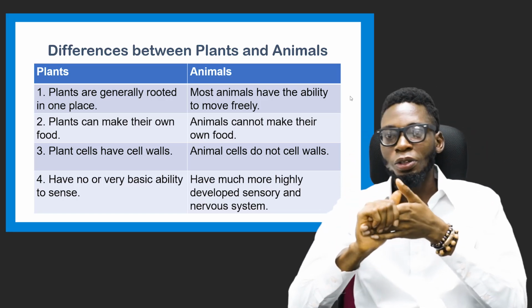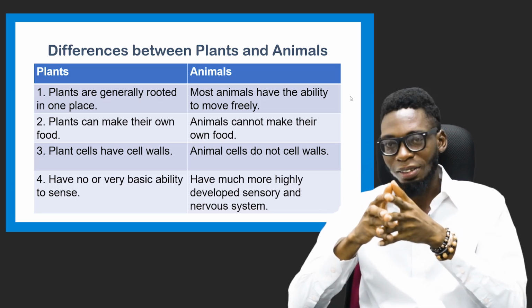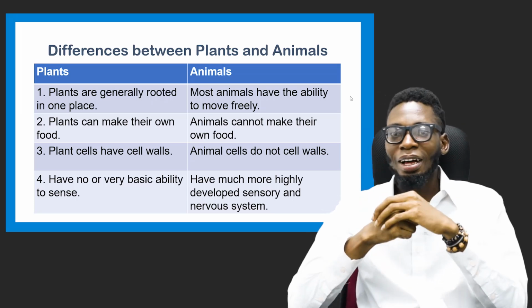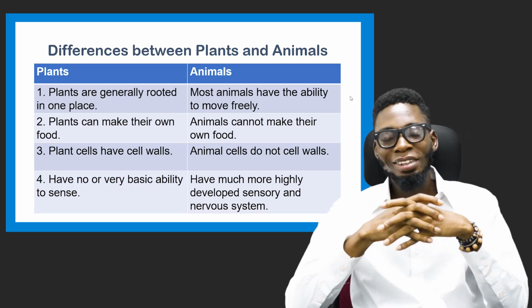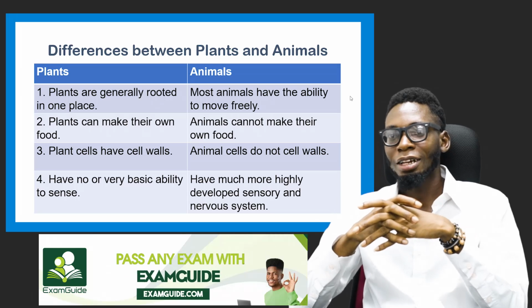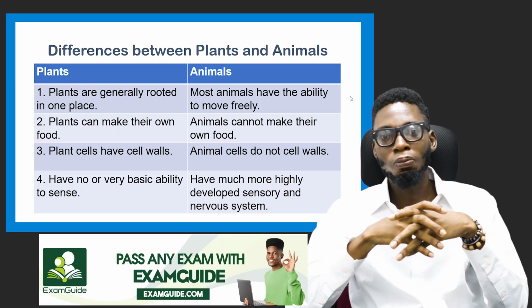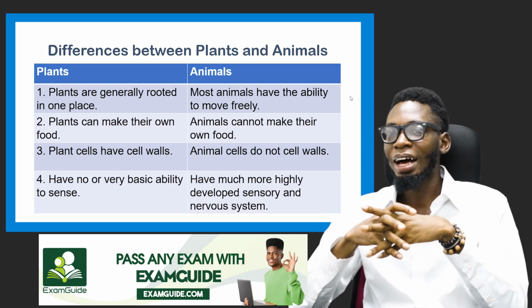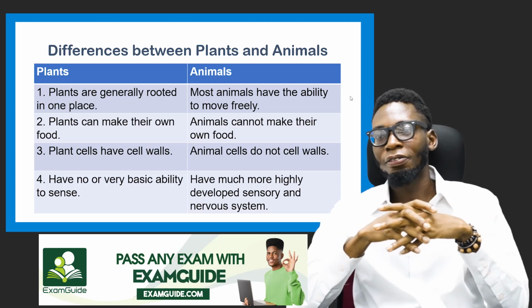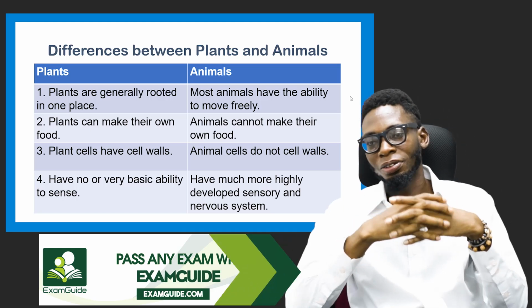The next difference between plants and animals is that plants have no or very basic ability to sense. That means they do not have well-developed sense organs, while animals have much more highly developed sensory and nervous systems.